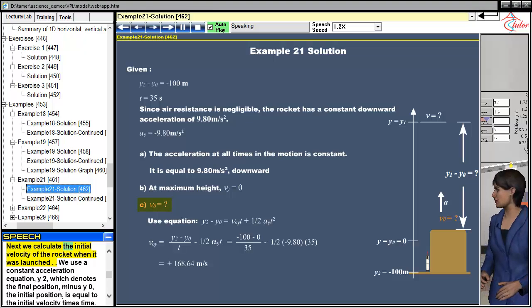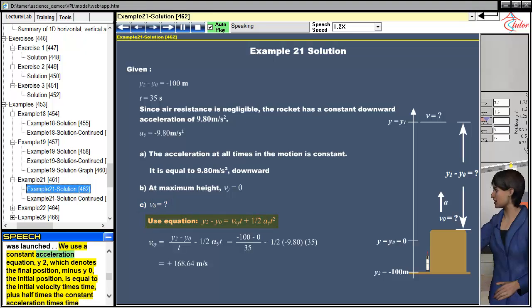Next we calculate the initial velocity of the rocket when it was launched. We use a constant acceleration equation, y2, which denotes the final position, minus y0, the initial position, is equal to the initial velocity times time, plus half times the constant acceleration times time squared.